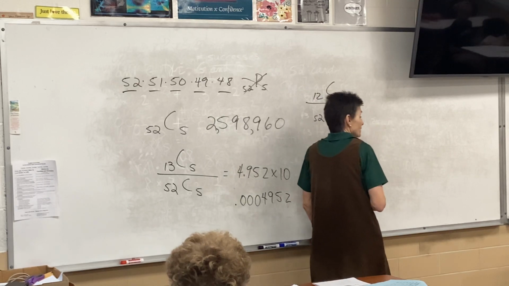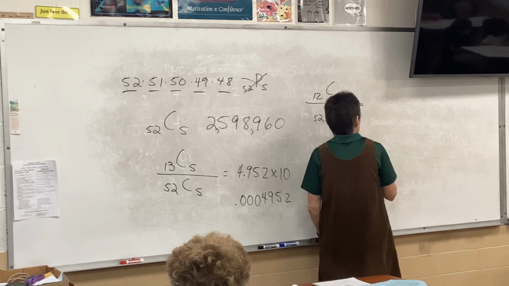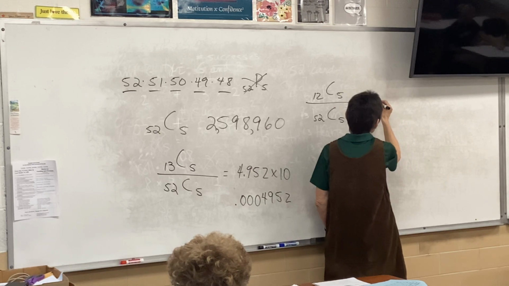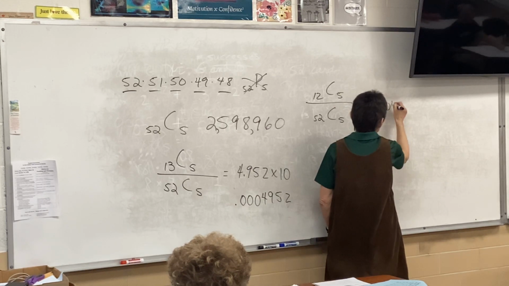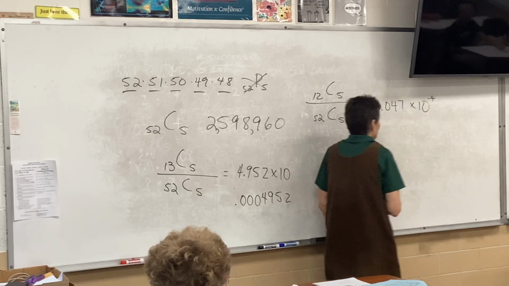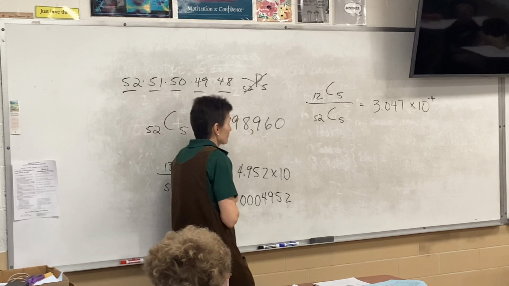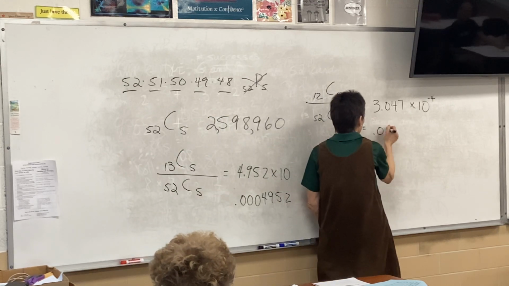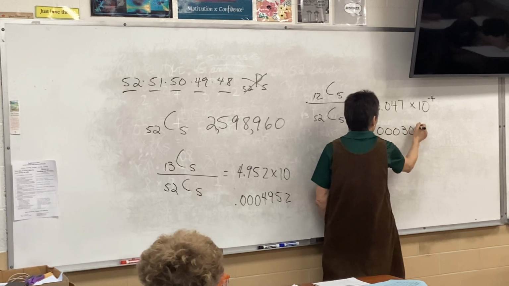It'll come out in scientific notation too. What is it? 3.047 times 10 to the -4. Remember scientific notation, so that's 0.0003047.